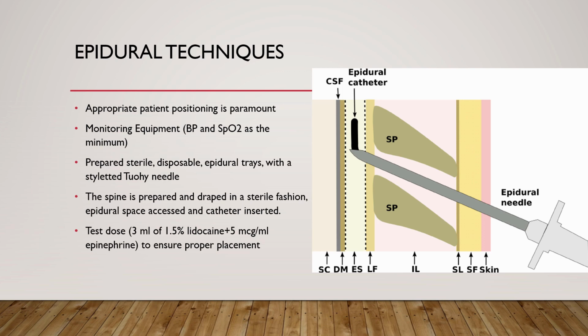If the catheter is in a blood vessel, the 15 mcg of epi will cause tachycardia, T-wave depression or inversion, and the lidocaine will cause tinnitus, perioral numbness, and metallic taste.